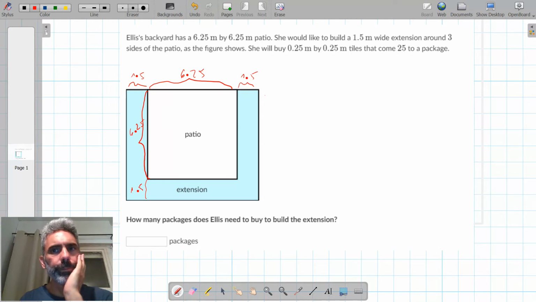Okay. She will buy 0.25 meters by 0.25 meters tiles that come 25 to a package. How many packages does Alice need to buy to build the extension?